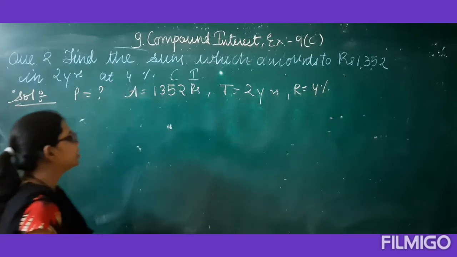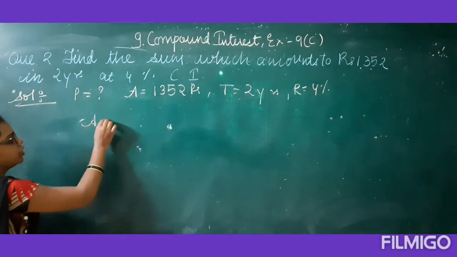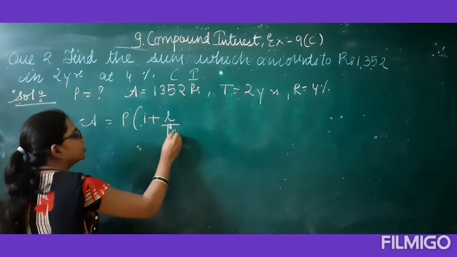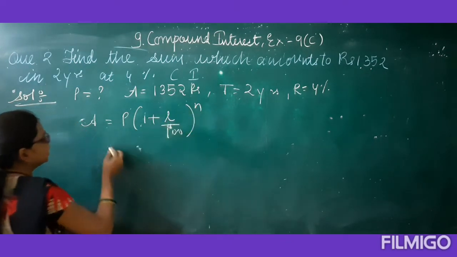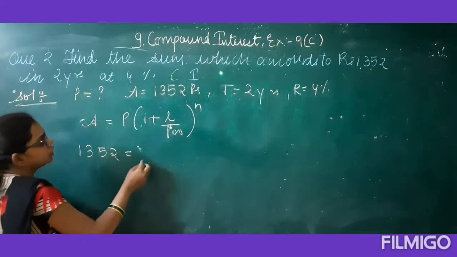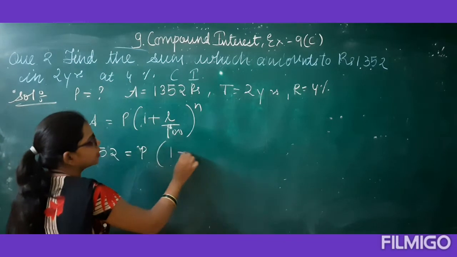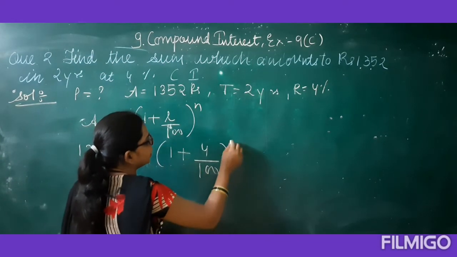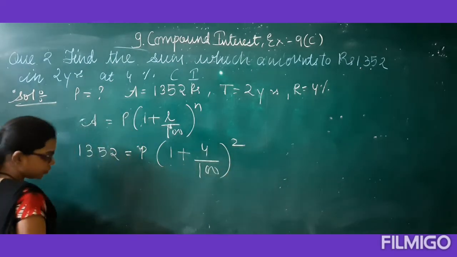Again you have to write down the formula: amount is equal to principal into (1 plus r upon 100) to the power n. Amount is given as 1352 equal to principal, which you have to find out, into 1 plus r, which is 4 upon 100, to the power n, which is 2.